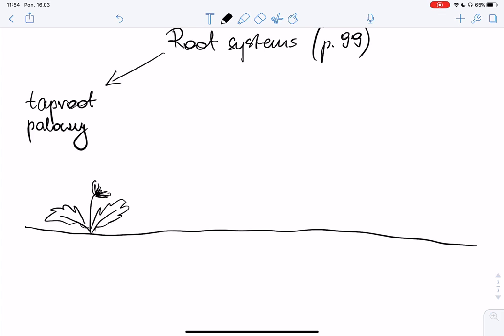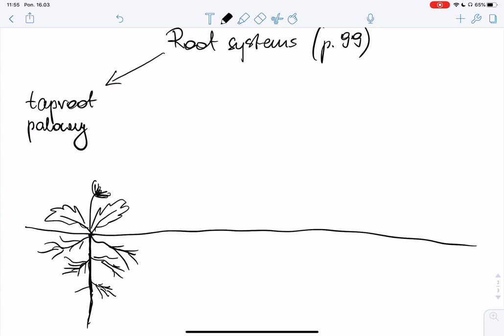And guys, when you take a look at what's happening below the ground, you will see that you have that main big root that is going straight into the ground, and from this root there are smaller secondary roots spreading, and it looks something like this.